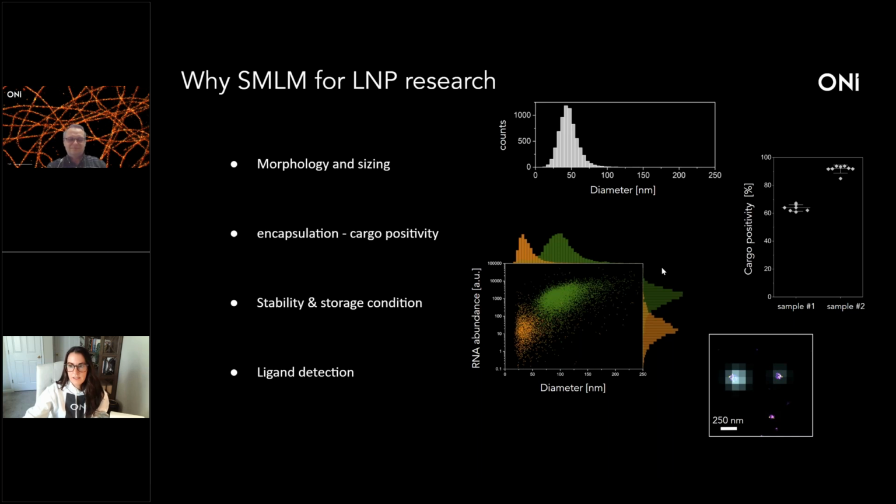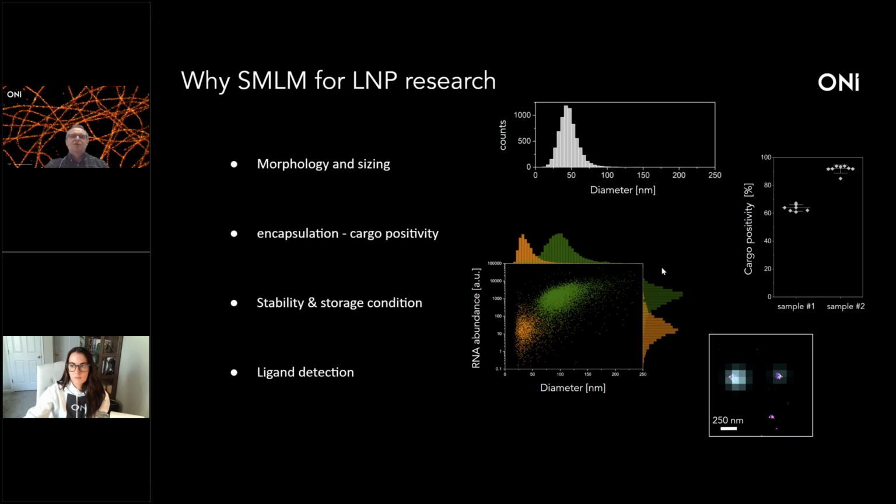Excellent. All right, and the next question is, can you track LNP uptake by cells? Yes, the answer is yes. If you are pre-labeling your LNPs, our system is not only ready to study lipid nanoparticles, but it's a versatile microscope system which can work in TIRF mode with low laser powers.